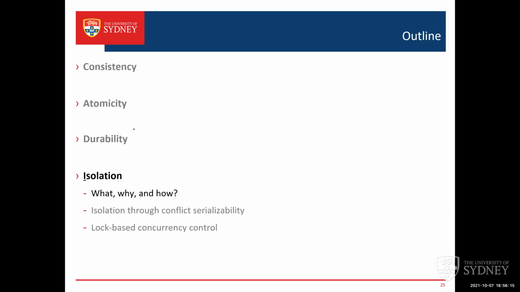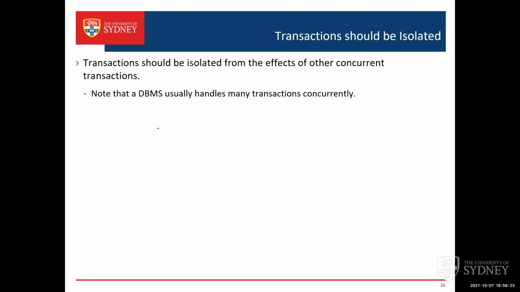Now, when we have more than one transaction at the same time, we need to think about isolation. Transactions should be isolated from the effects of other concurrent transactions. Concurrent transactions means those transactions come at the same time. If two transactions come to you at the same time, then what can we do?